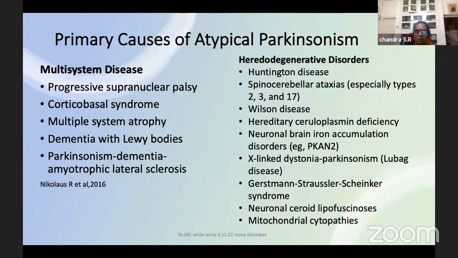These are other conditions where you get Parkinsonism in association, dominated by other features. In the multisystem PD variant, Parkinsonism dominates and others accompany, whereas in heredodegenerative disorders those other things dominate and Parkinsonism is there.